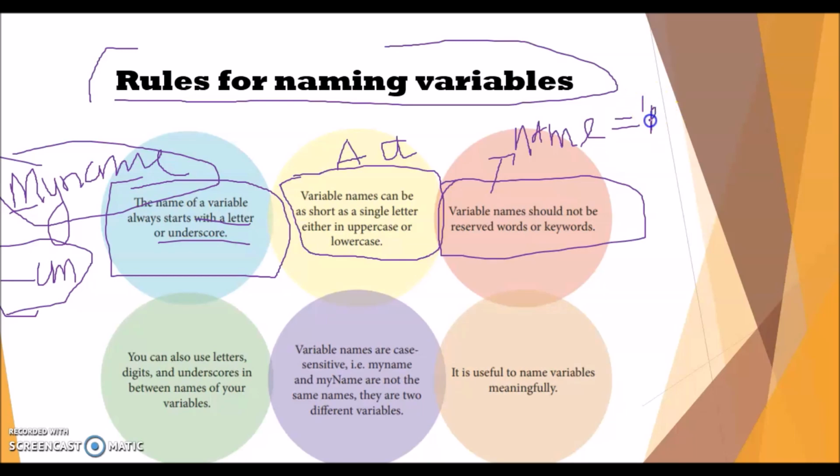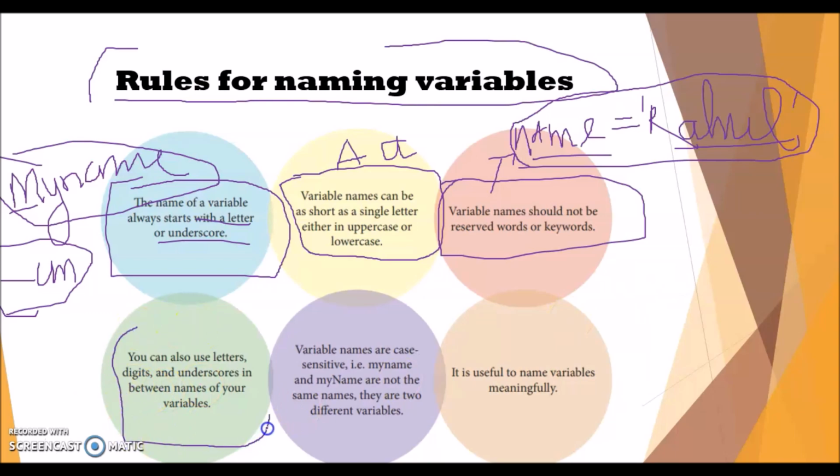I'm using single quotes here, like name equals to 'Rahul'. This is the definition of a variable, which means you are giving some value to a variable. As we already know, reserved words or keywords have their own meaning. We can't change that meaning, which is why we can't use these reserved words as variables.